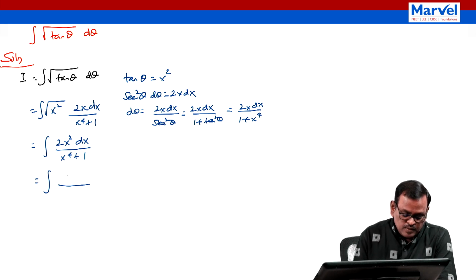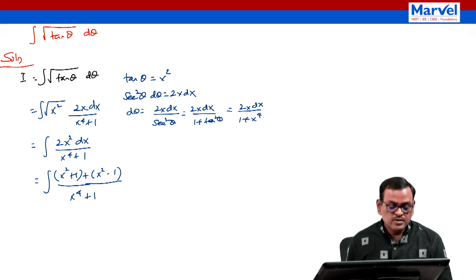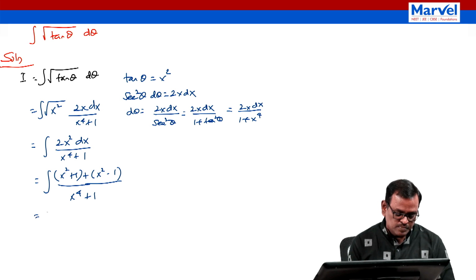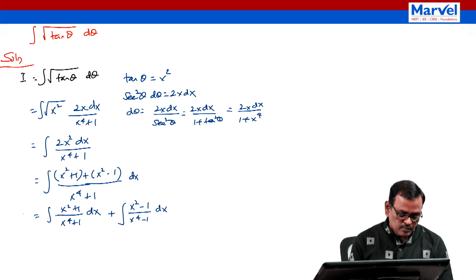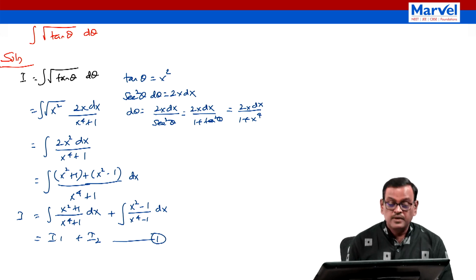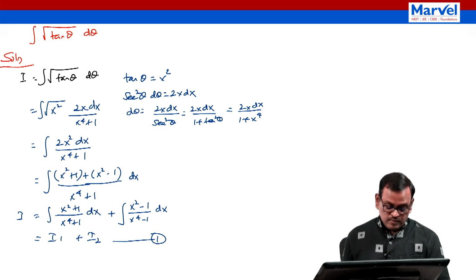We can split 2x square into x square plus x square, and add and subtract 1, giving x square plus 1 plus x square minus 1, over x power 4 plus 1. Now split into two integrals. x square plus 1 by x power 4 plus 1 dx, plus x square minus 1 by x power 4 plus 1 dx. Let this be I1 plus I2. Okay. Now we will evaluate I1.